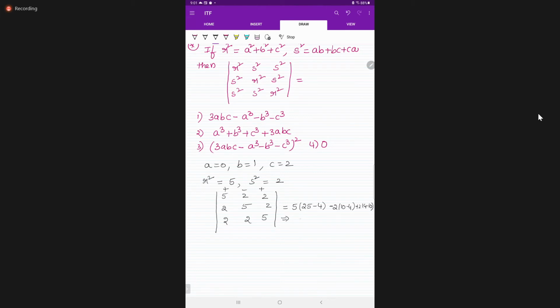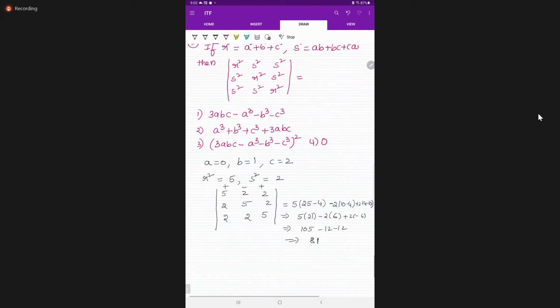Now which is equal to 5 into 21 minus 2 into 6 plus 2 into minus 6. So 105 minus 12 minus 12, which is equal to 81 is the answer.